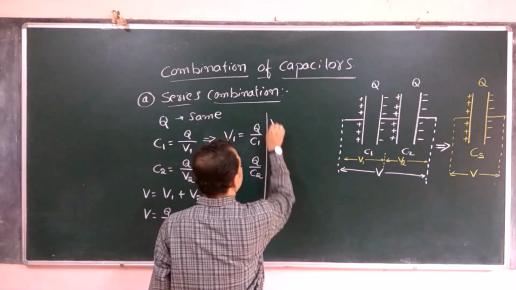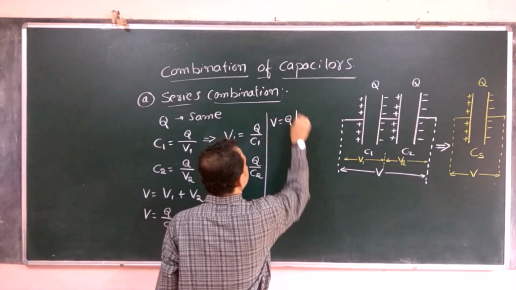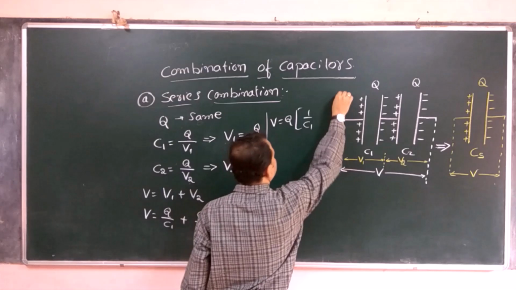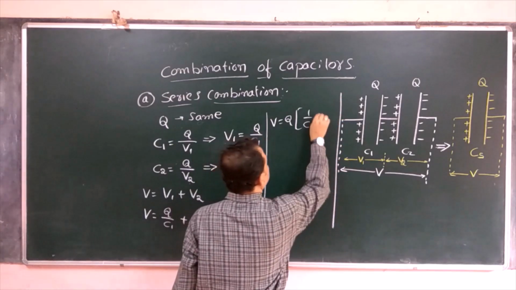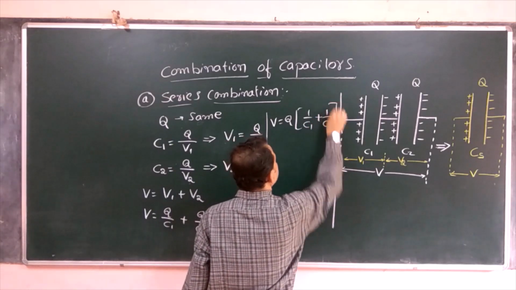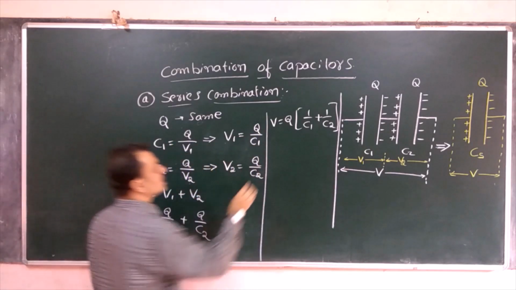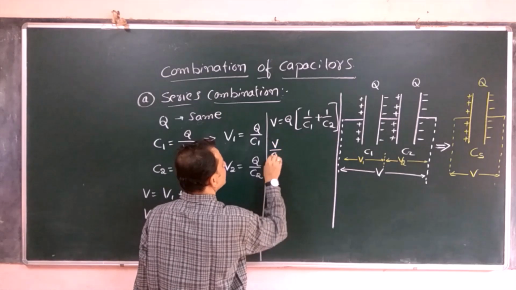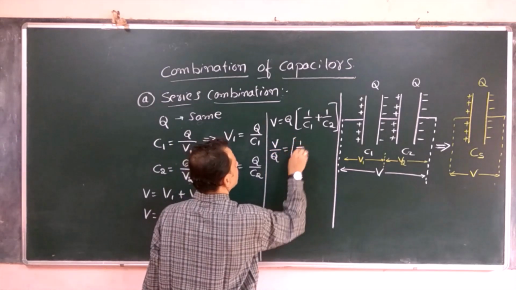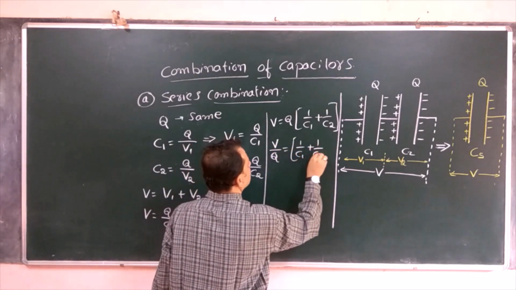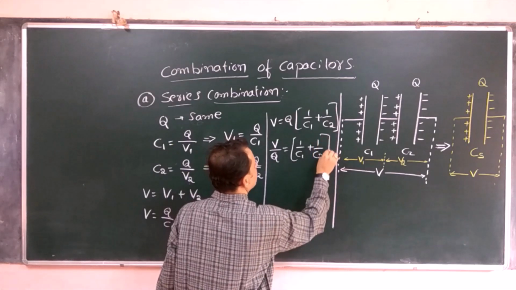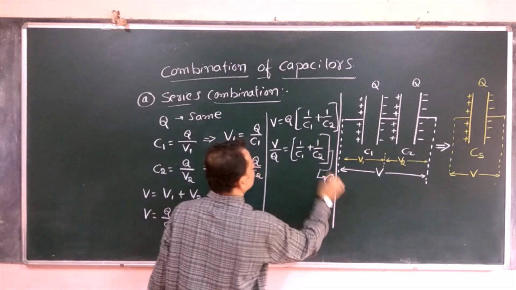Now V is equal to Q into 1 upon C1 plus 1 upon C2. Now dividing by the charge Q, V by Q is equal to 1 upon C1 plus 1 upon C2. Let me call this equation 1.